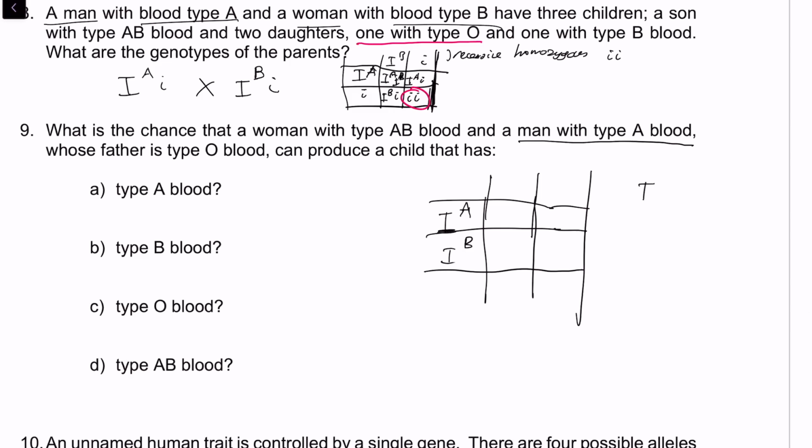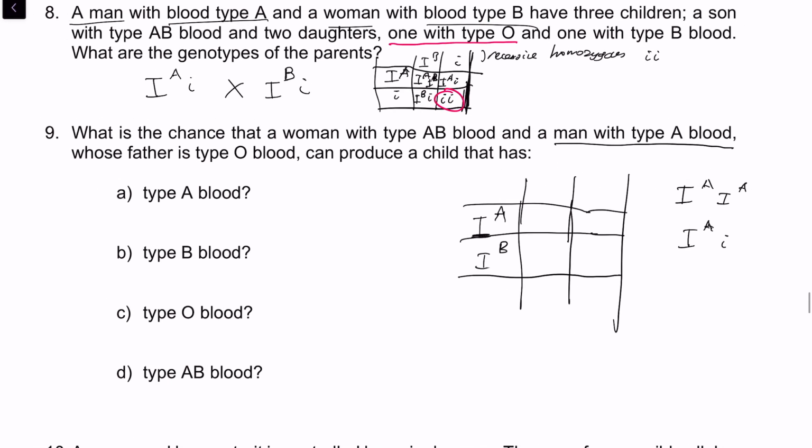Okay, so we could either have homozygous A or A with the lowercase i, and we need to choose which one is the correct one.